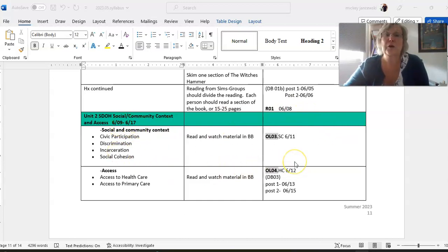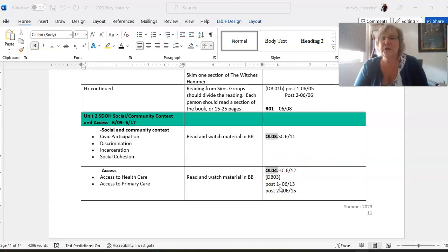In Unit 2, we're going over social context and access to healthcare. Those are the two social determinants that we're going to review in Unit 2. You can see that you have a couple days to read all the material in the first two lessons, which are social context and community context. Following that lesson, you should complete an assignment that's due the 11th. Then you have a day to do the material in access to care, and you have an assignment due on healthcare access on the 12th.